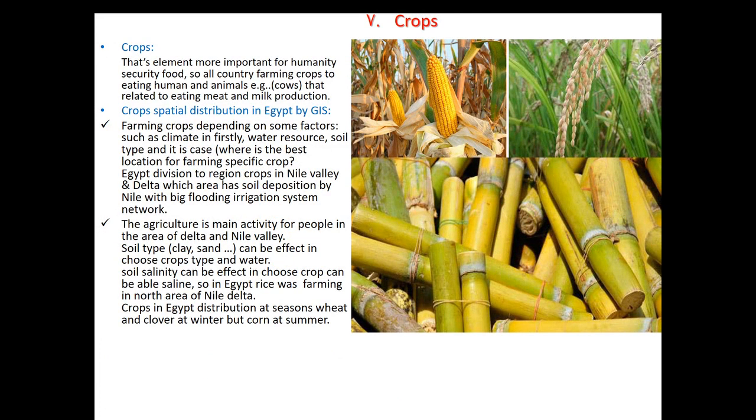In our area there are different crops with a spatial distribution by type. Wheat is the most farmed crop in all districts. Sugarcane is concentrated in the south districts, needing more water for farming, and corn is also farmed in all districts.